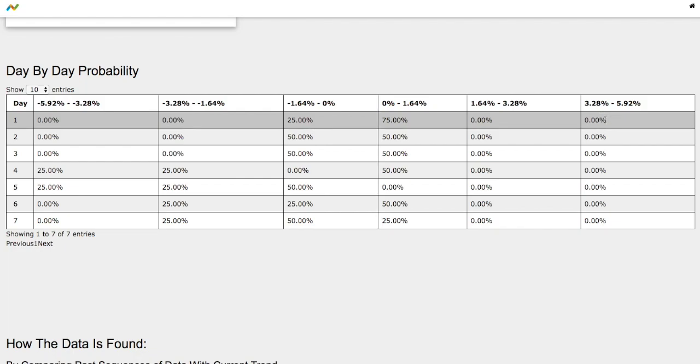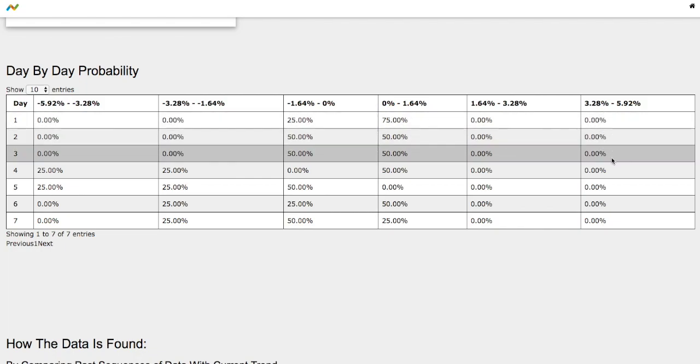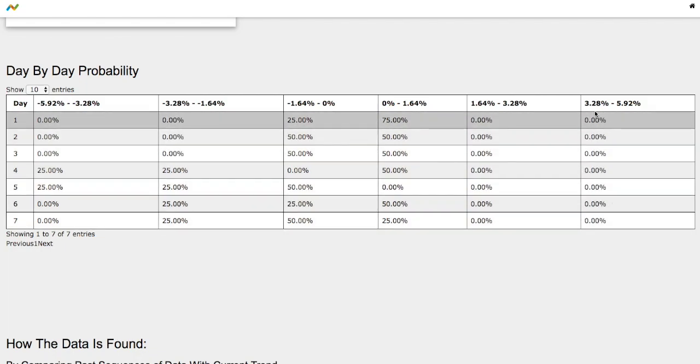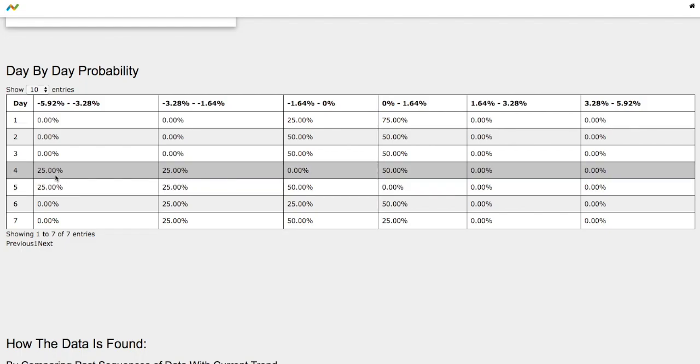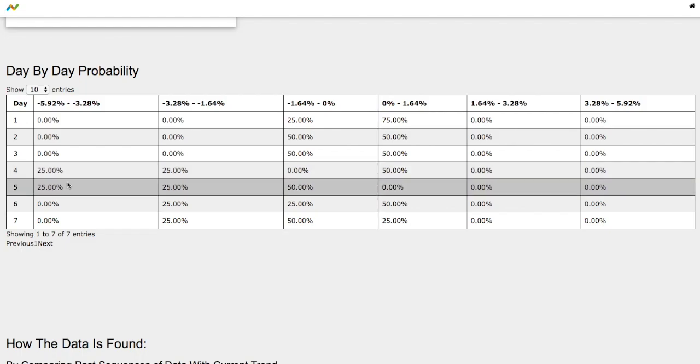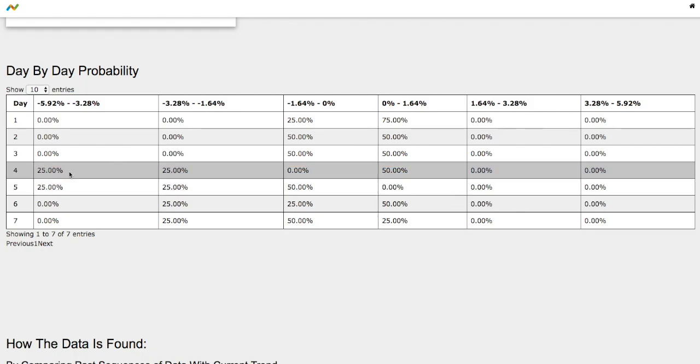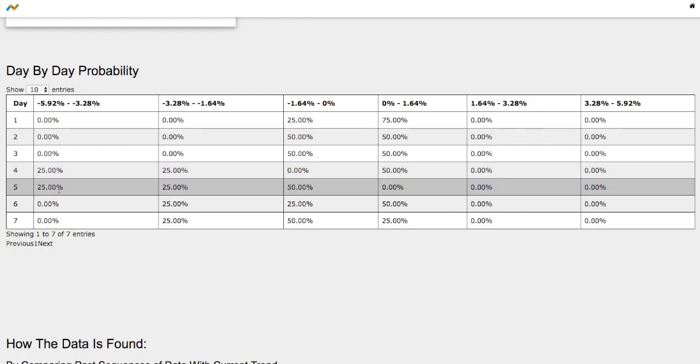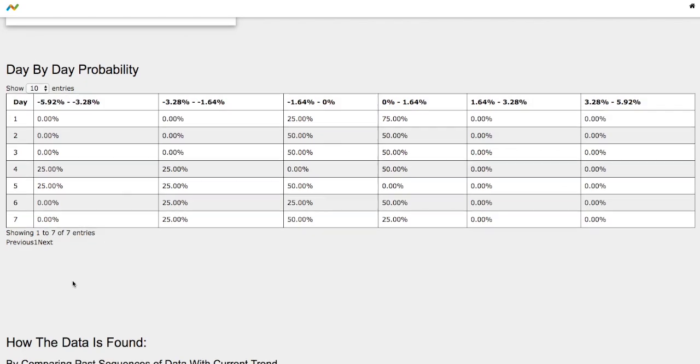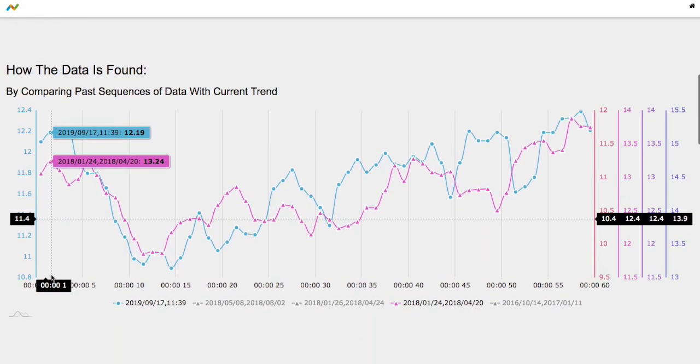And we do note that there's a 0% chance of hitting higher, above 3.3% to 6%. Overall, there's also a slight chance, a higher probability, we may head lower in the extreme cases around day 4 or day 5. So we do have that probability in hand, and this is how I found the model.